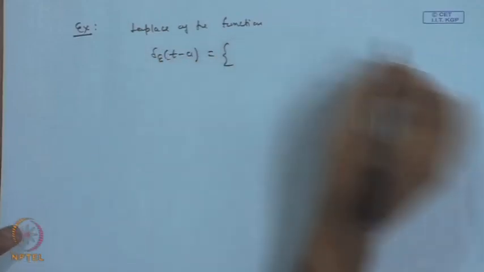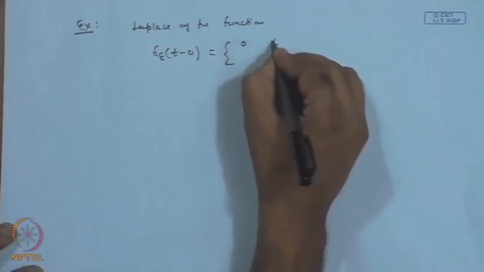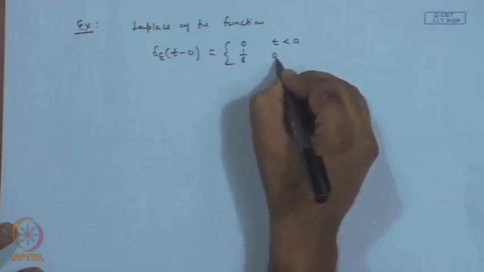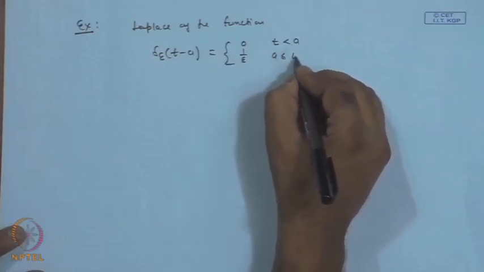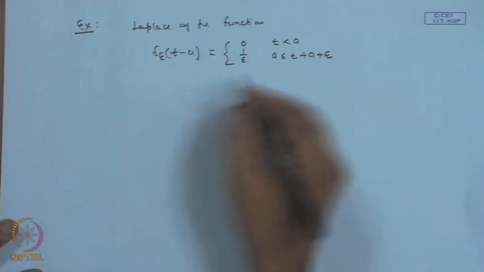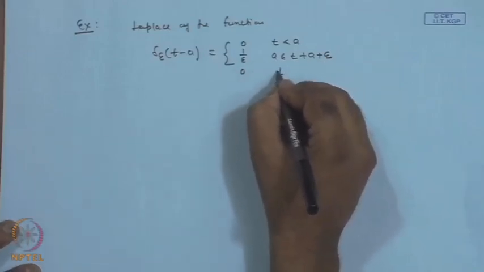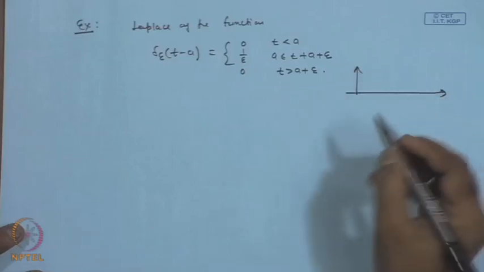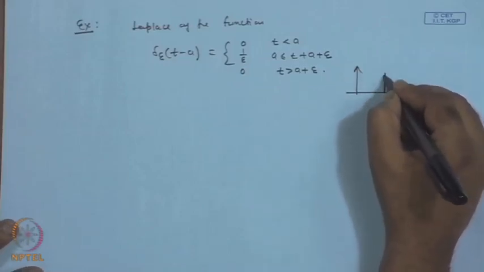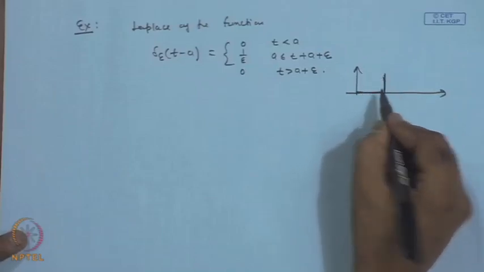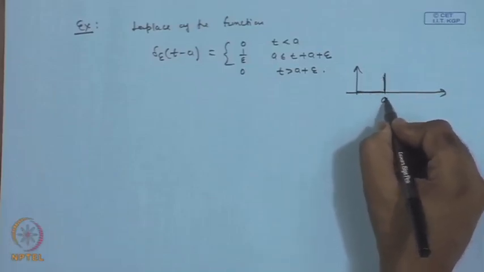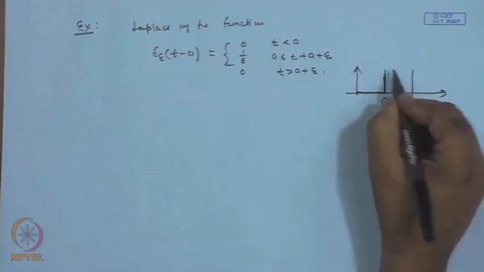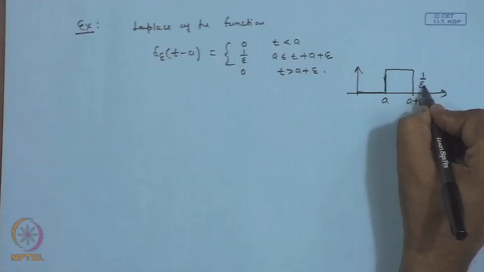So, this is defined as follows: the value is 0 if t is less than a, the value is 1 over epsilon if t is between a and a plus epsilon, and this is 0 if t is greater than a plus epsilon. So, what we see now, the function is 0 outside this a and a plus epsilon, and in this range a to a plus epsilon the value is 1 over epsilon.